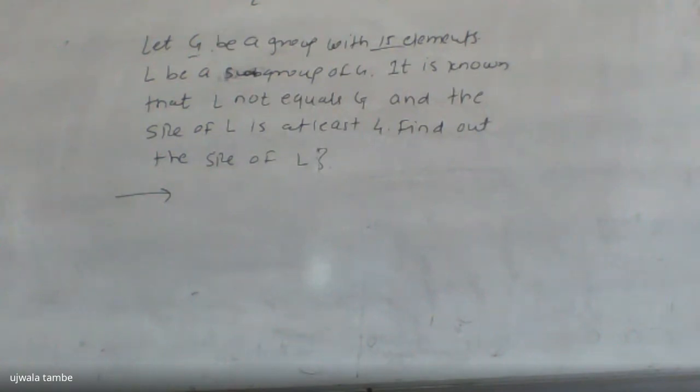In short, in this example, we have to find out the size of subgroup L. So how to find out the size of L? For that, first we have to find the divisors of 15. The size of G is 15. So Rahul, tell me whether 4 is a divisor of 15.